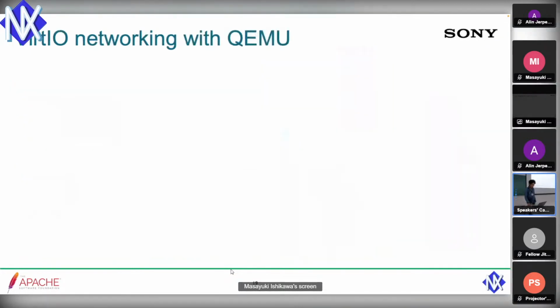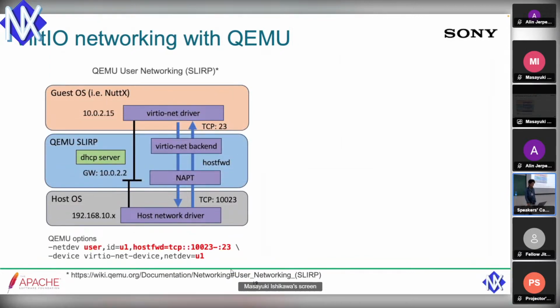The following slide shows VirtIO network with QEMU. There are two kinds of networking modes. The first one is QEMU user networking, based on the SLIRP library.